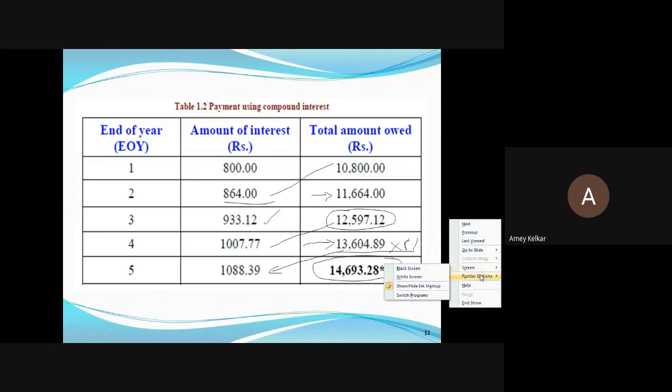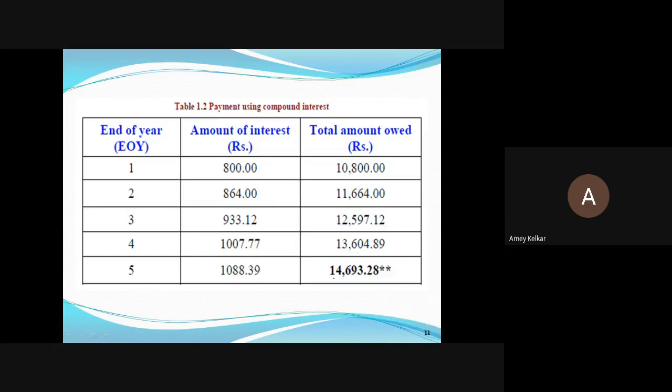So what we observe here is when we go for compounding, in simple interest amount was only 14,000. But when we went for compounding, now we have an amount 14,693.28. So this 693.28 is the effect of compounding.